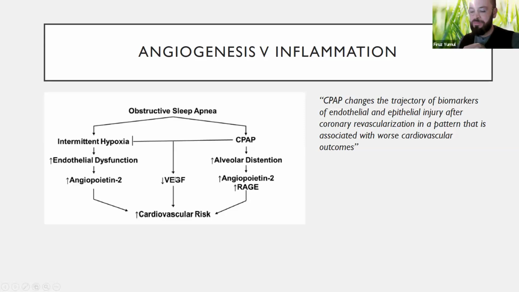And here we have, I guess I could call it VEGF, vascular endothelial growth factor A. So in general, CPAP therapy reduces OSA-associated hypoxemia with favorable effects on endothelial function and inflammation. But CPAP therapy also appears to alter the pattern of plasma biomarker expression after coronary revascularization in OSA patients, in a way that favors inflammation rather than angiogenesis.